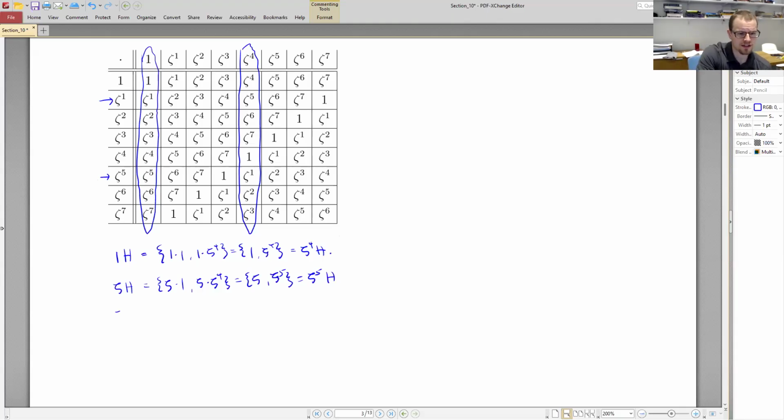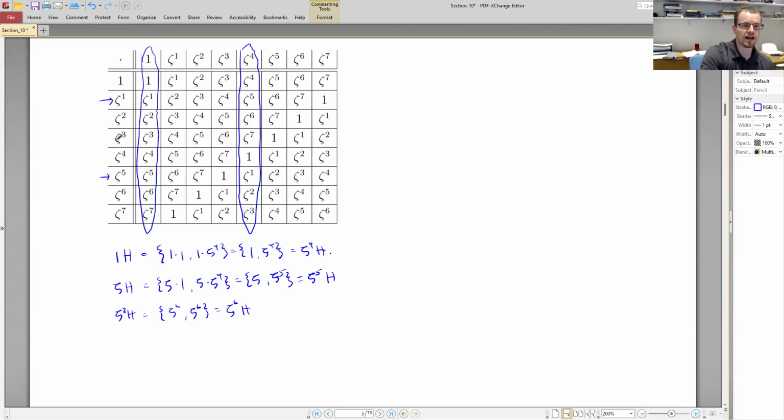The next would be zeta squared. I'm not going to write out our definition each time. It's relatively basic, fortunately. So now I'm working with zeta squared, and I end up with zeta squared and zeta to the sixth. And that's the same as multiplying by zeta to the sixth.